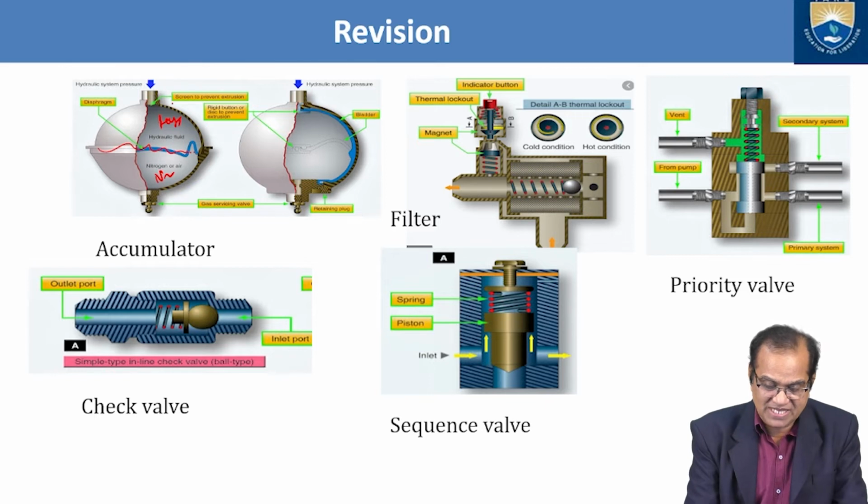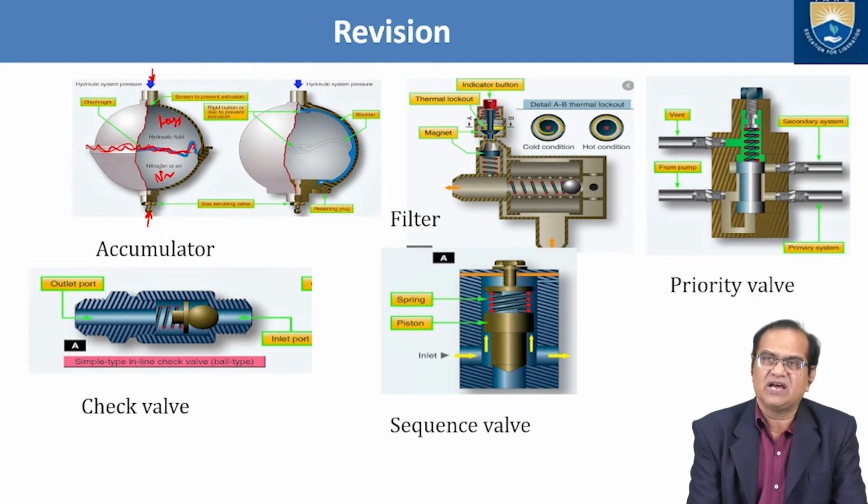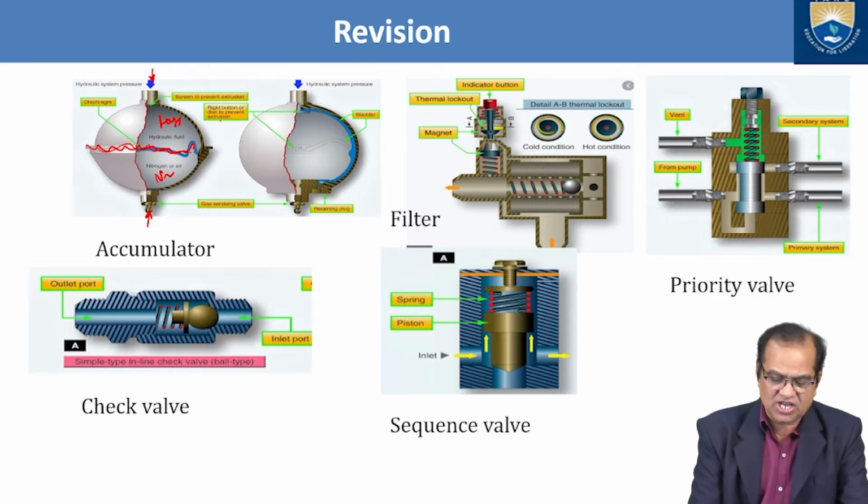The hydraulic fluid is coming from the top, and nitrogen is charged from here as per the pressure of the system. If the pump is operating at 3000 psi, nitrogen will be charged up to 3000 psi. As and when the pressure is reducing here, it will pump to this side, and if the pressure is high, it will come back here. So it will always maintain a constant pressure of the system.